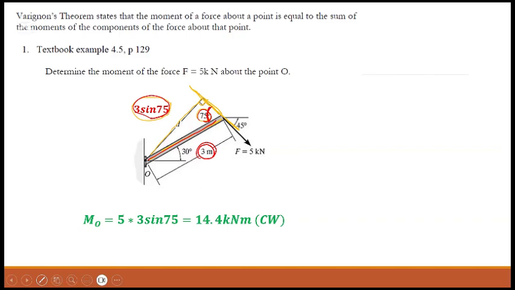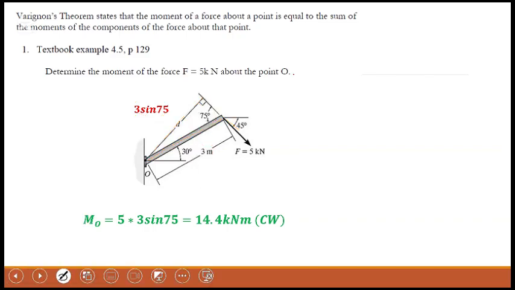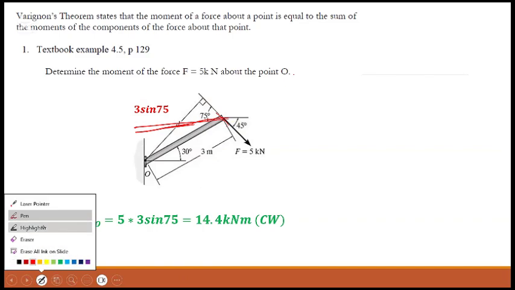So that 75 is not given in the question. I think we can figure it out.